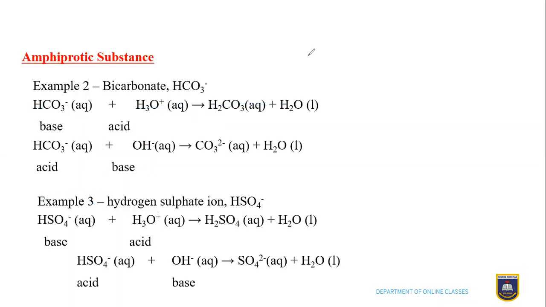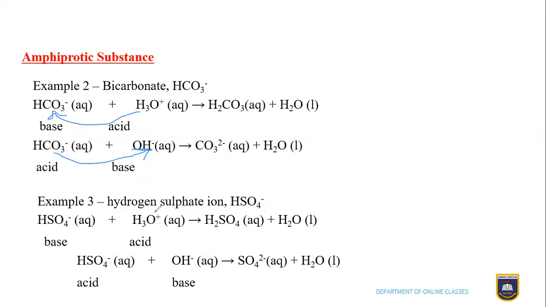Another example of an amphiprotic substance is the bicarbonate ion. In the first equation, the bicarbonate ion is accepting a proton from hydronium ion. In the second equation, it is donating a proton to OH minus.